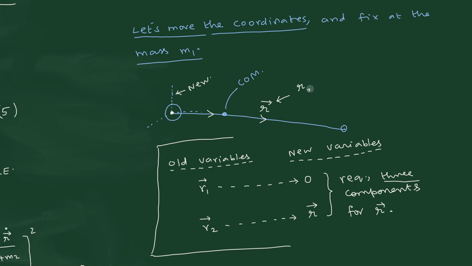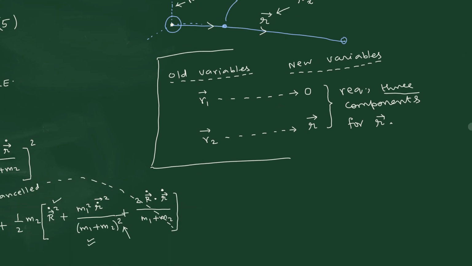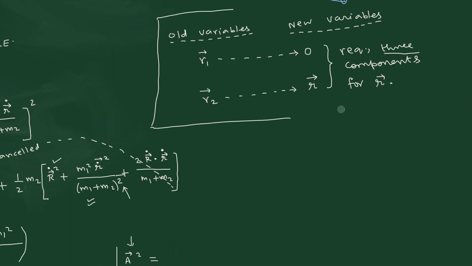So the 3 components are Rx i cap plus the y component j cap plus Rz k cap. That is what I mean to say. So only 3 components are required for the specification. One of the vectors has gone to 0, therefore 3 components have disappeared.